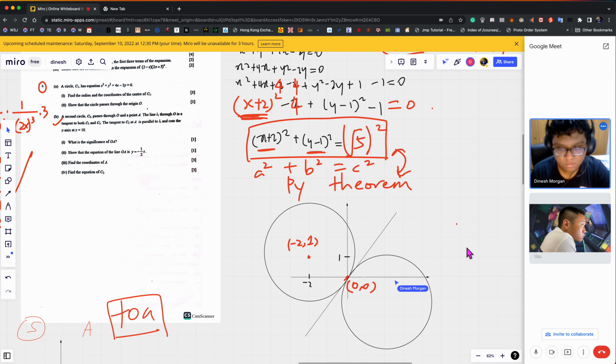So this is 10. Where the tangent to C2 cuts the x-axis at x = 10, you should extend this. I think this is 10. Right? Yeah. So this is (10, 0).